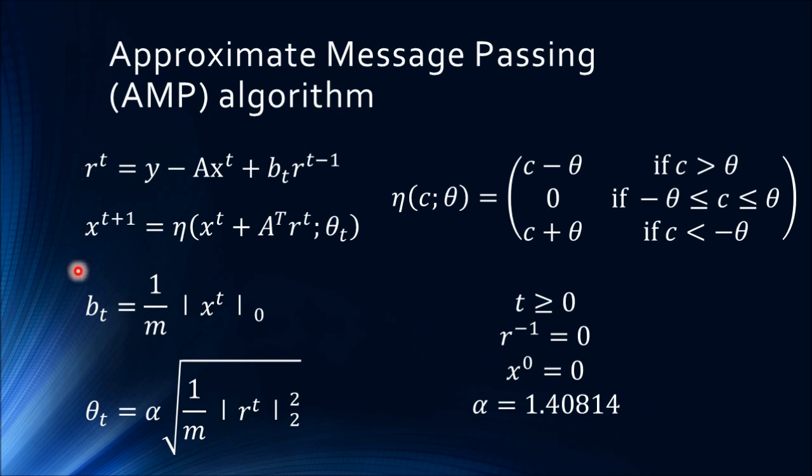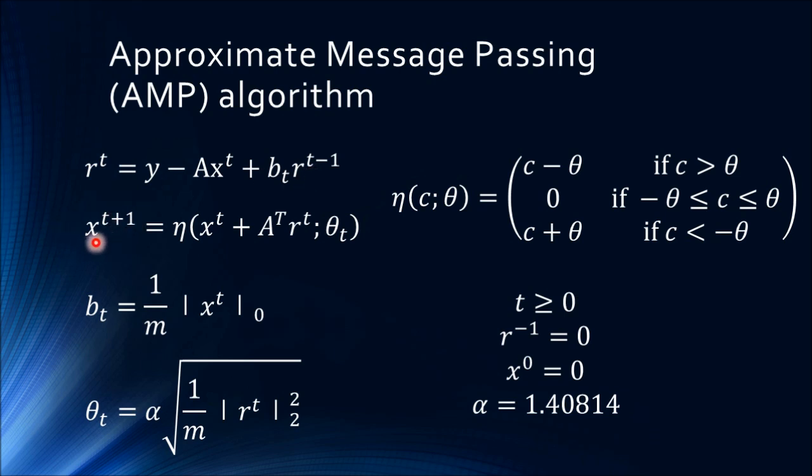And then there's an implied order to all these things. So my residual equals the signal we got minus my mixing matrix times my best guess plus some weighted function times the residual from the prior iteration.